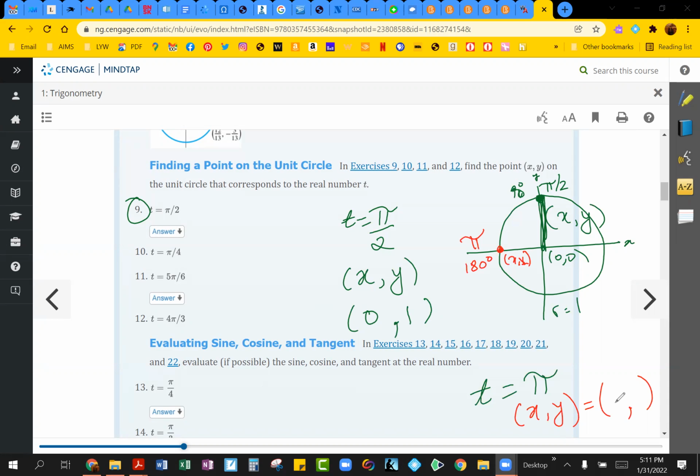I see Andrew, you've got -1, 0, and Savannah, you've got 0, 2. The first thing to remember, Savannah, is since you're going to be on the x-axis, the x value is not going to be 0. It's the y value which will be 0.